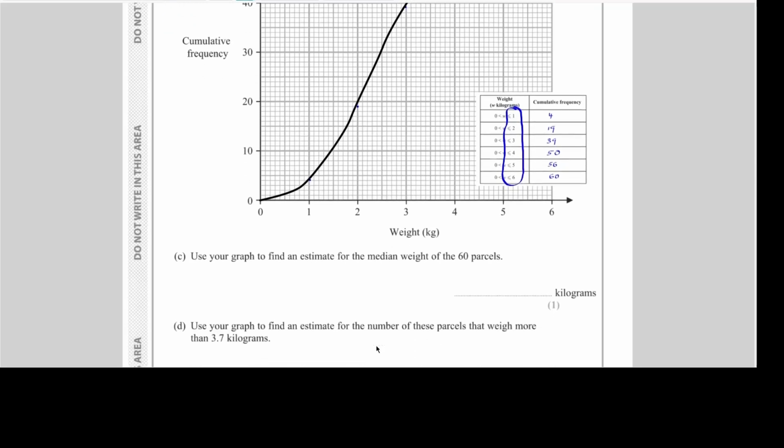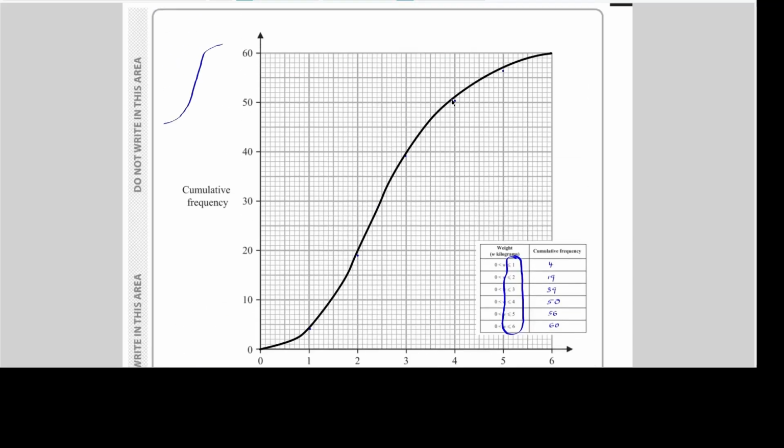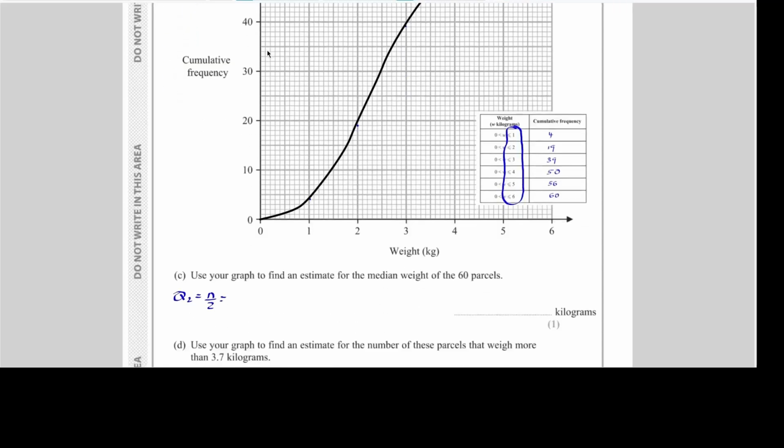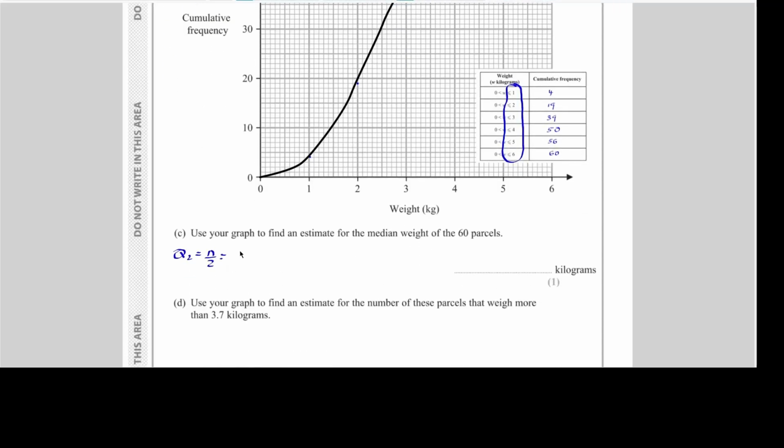So to get the median weight, how do we get it? Median weight means Q2. Then Q2 equals N over 2. N means the total frequency. In this case, total frequency is 60. Here, can you see this endpoint? It goes all the way to 60. So 60 divided by 2 becomes 30.